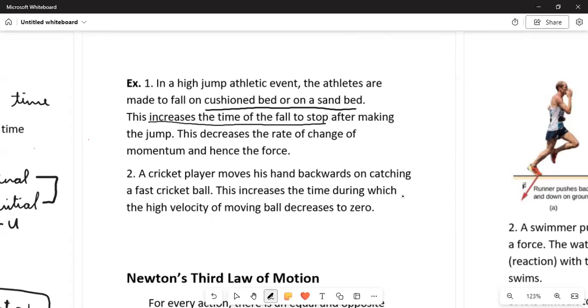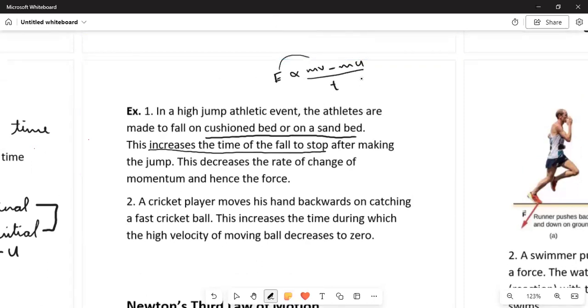Now, we saw that F was directly proportional to (mv minus mu) divided by t. We can see that our F is directly proportional to the rate of change of velocity, but it is inversely proportional to the time.